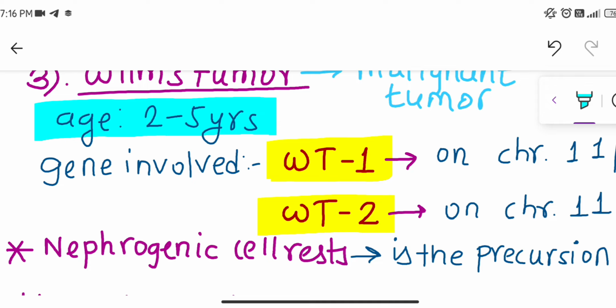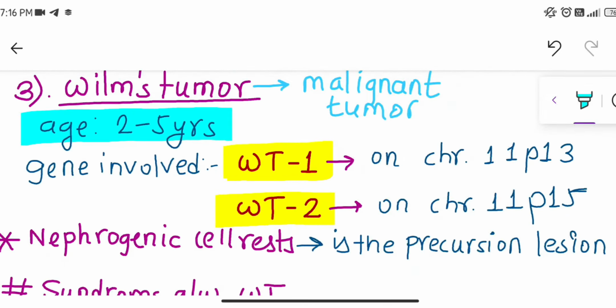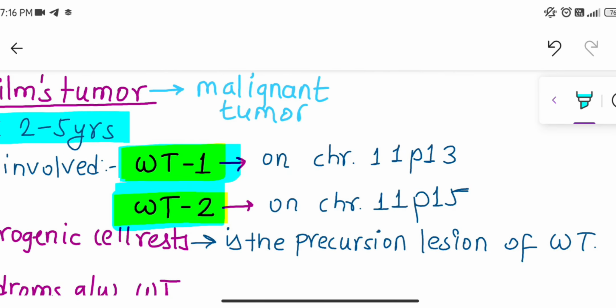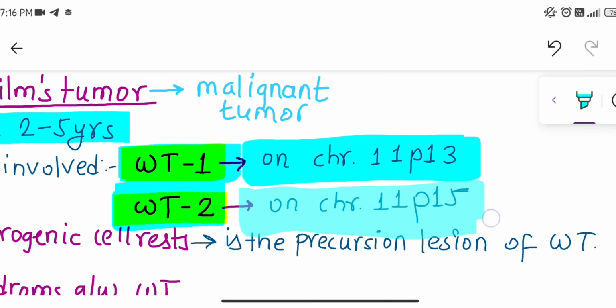There should be involvement of genes. In the case of Wilms tumor, the genes involved are Wilms tumor gene 1 and Wilms tumor gene 2. Wilms tumor gene 1, which is affected, is present on chromosome 11p13, and Wilms tumor gene 2 is present on chromosome 11p15.